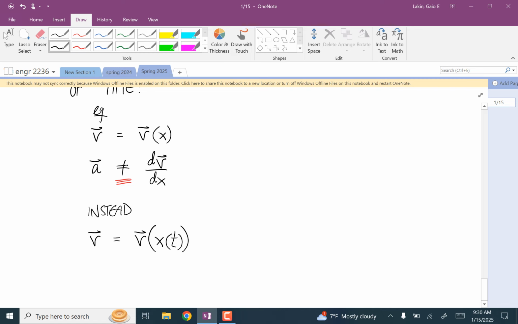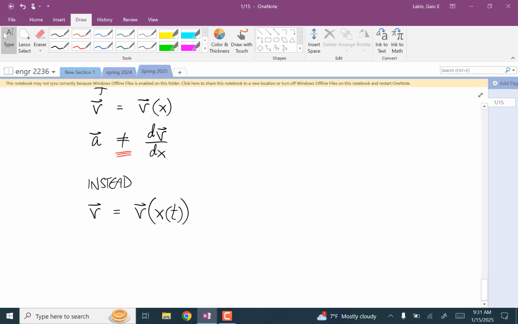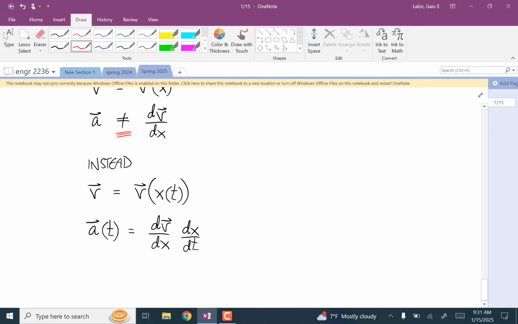And now you can see how taking that derivative is a chain rule thing. So the acceleration as a function of time is equal to d velocity dx times dx dt, okay? And what's dx dt?